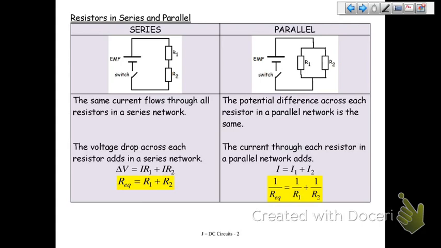So we said CP equals C1 plus C2. We've got to do the inverse for this. I prefer writing RP and RS, to remind yourself whether you're talking about series or parallel. So 1 over RP equals 1 over R1 plus 1 over R2.